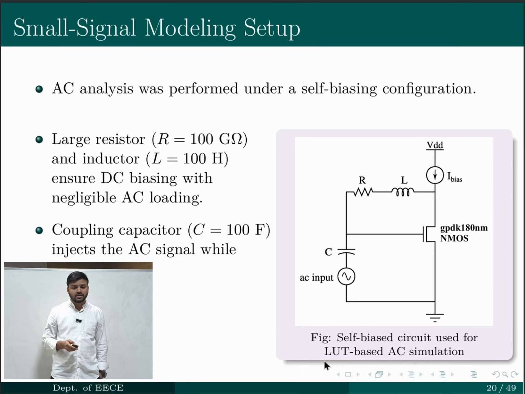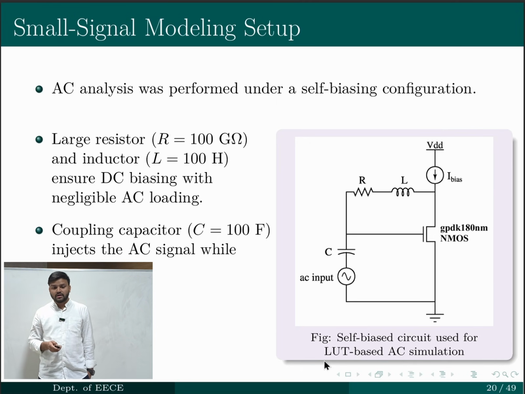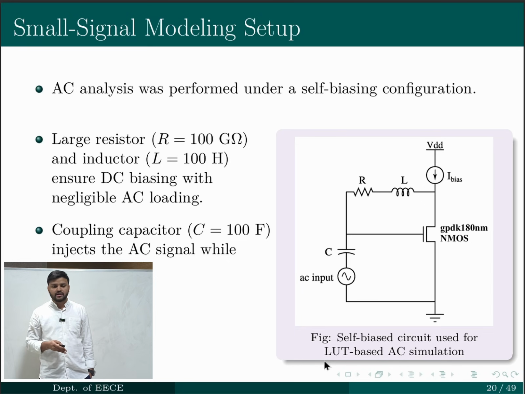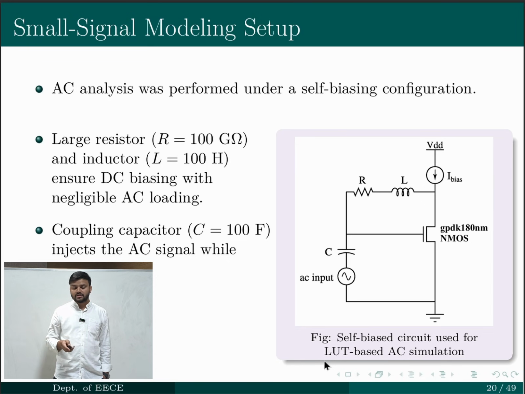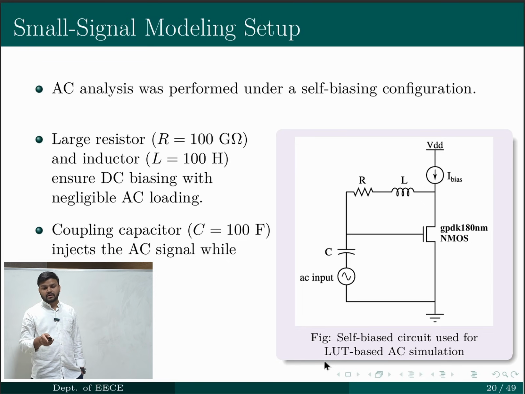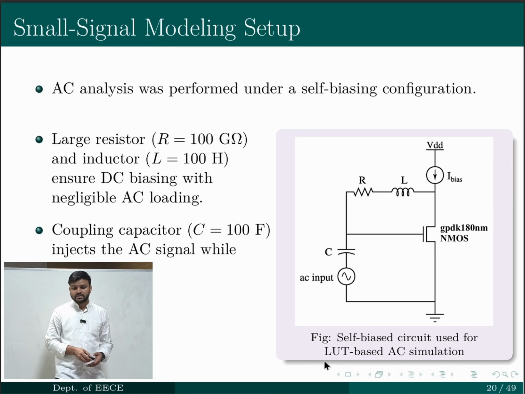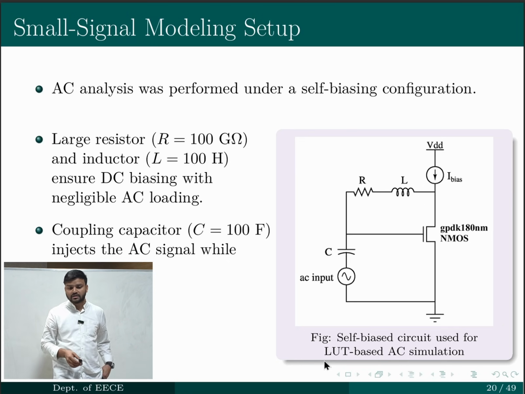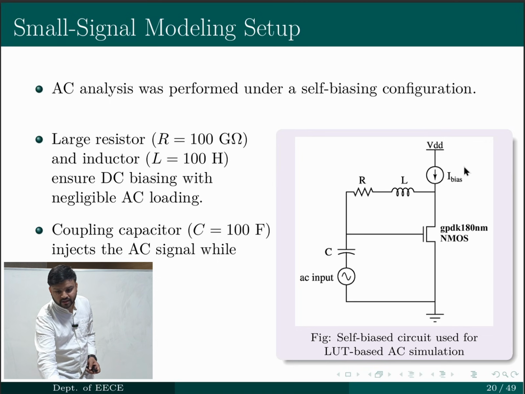First, the setup of the small signal. The setup for the small signal model is the self bias configuration. In this configuration, the components RL and RLC are taken at a higher value, and in the DC case the component L will be shorted, and through the path of the shorted L it charges the capacitance, until the gate and drain potential are the same.